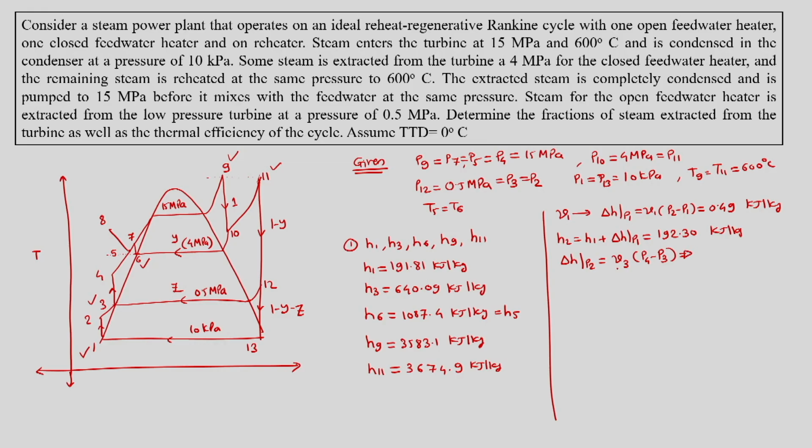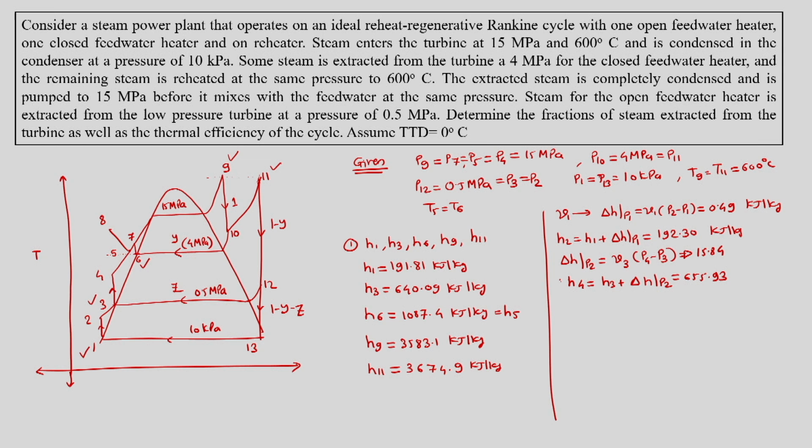We can carry forward from here, and we get delta HP2 as 15.84, which will be helpful for finding out H4, which is H3 plus delta HP2, and this gives us H4 as 655.93. Now we have H4.